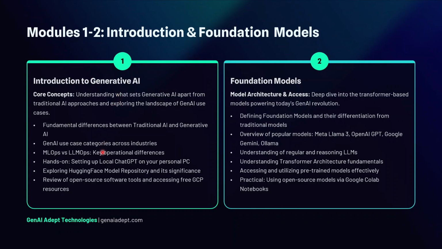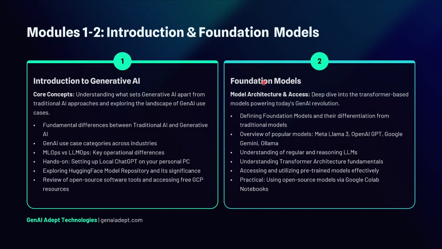Apart from that, we'll also go through some of the setups required, maybe API keys required for this course, and also we'll go through Ollama setup. How can you invoke different LLMs from your local machine itself using Ollama? That is what we'll be covering as part of module one.